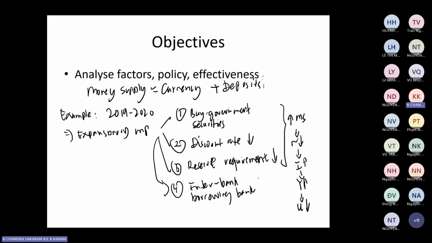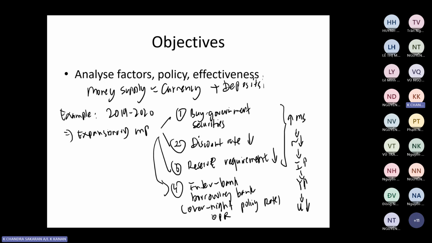In Malaysia, they call it OPR, overnight policy rate. In Vietnam, they may use a different term. This is borrowing between banks, where one bank borrows from another bank. This is also controlled by the central bank.